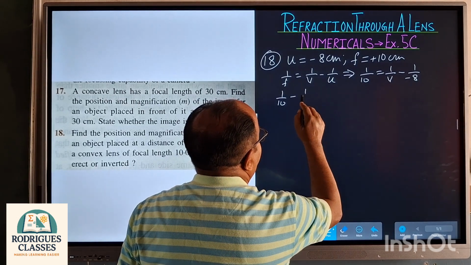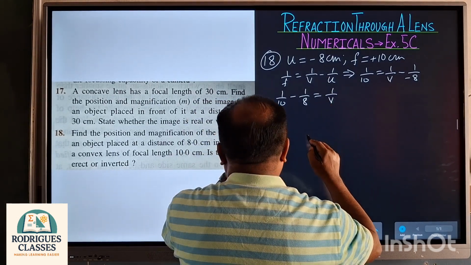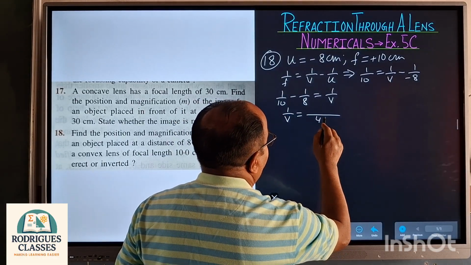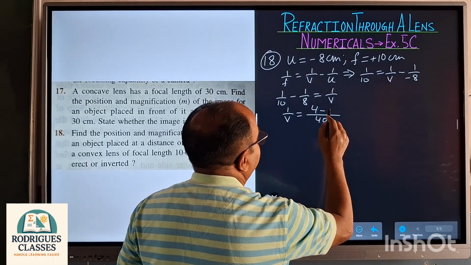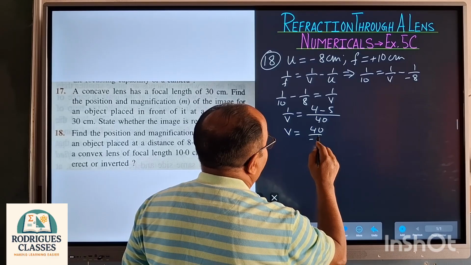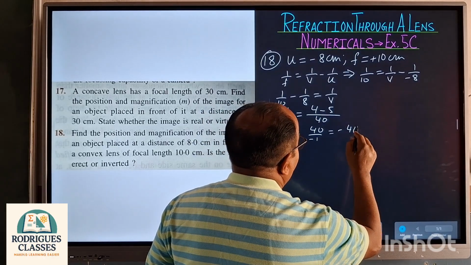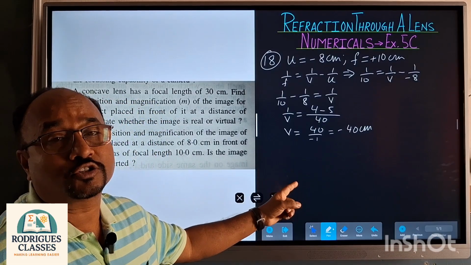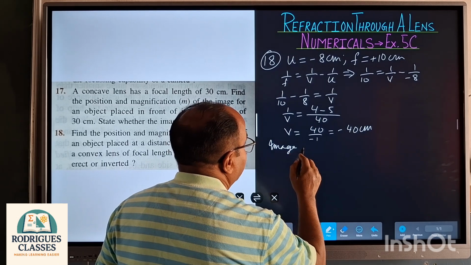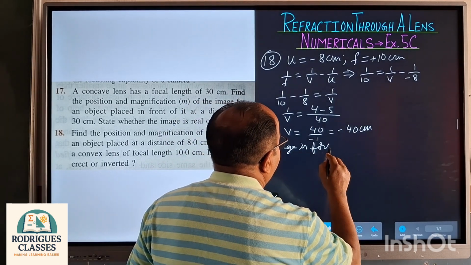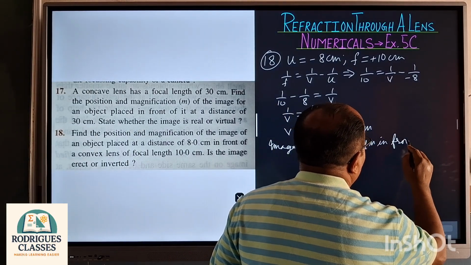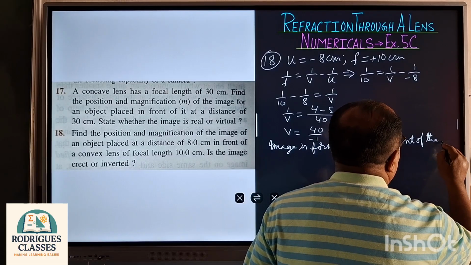Coming this side, it is minus 1 by 8 is equal to 1 by V. So I write 1 by V equals, LCM of 10 and 8 is 40, 10 fours are 40, minus 8 fives are 40, so I get V as 40 by minus 1. So I get minus 40 centimeter. So the image is formed 40 centimeter in front of the lens.